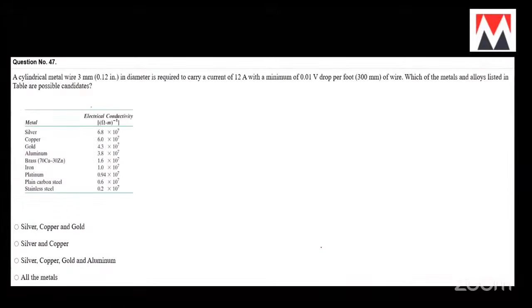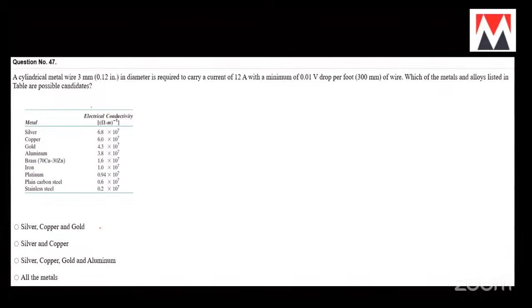A cylindrical wire of 3 mm diameter is required to carry a current of 12 ampere with a minimum 0.01 volt drop per foot, 300 mm of wire. Which of the following metals and alloys listed in the table are possible? It is given.